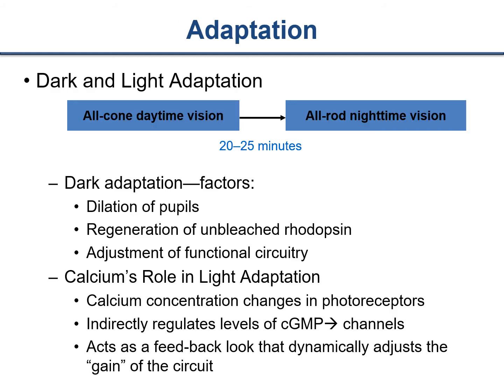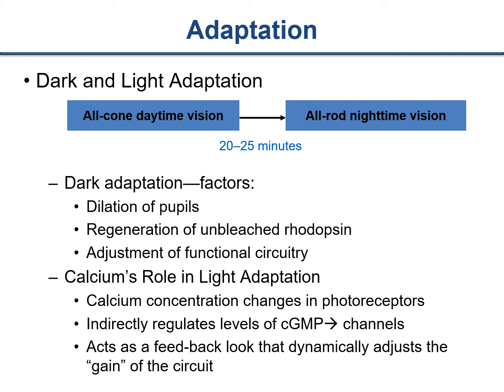So one thing the human body does very well is we have this ability to see in very low light conditions, and yet also the ability to see in very bright conditions, usually not back to back. So we have this adaptation that happens physiologically between all cone daytime vision and all rod nighttime vision.